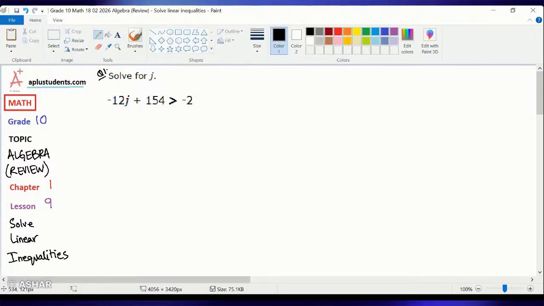If this is a positive 154, can we subtract 154 on either side? When we subtract 154 on either side, we are left with negative 12j.